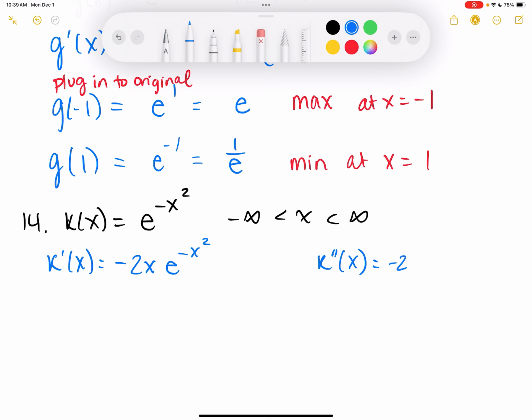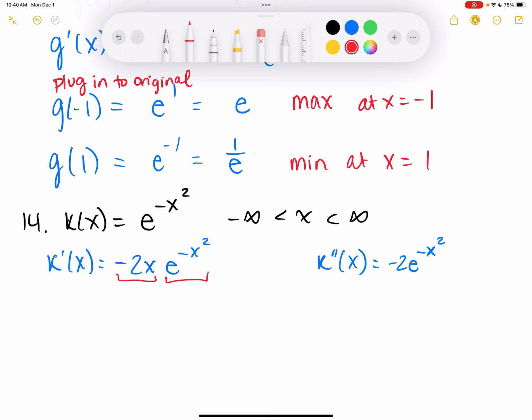Negative 2. So the product rule is, oh crap. I'm basically working with these two things being my two terms.